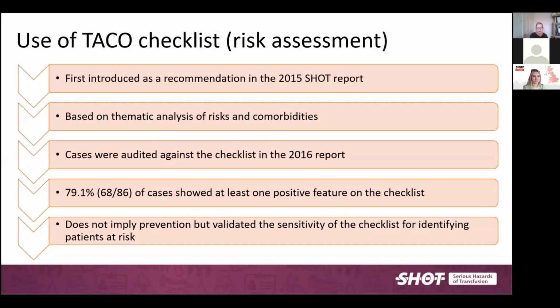It was first introduced as a recommendation in the 2015 SHOT report, and it was based on thematic analysis of risks and comorbidities, the things that we know are risks for TACO, such as heart failure, renal impairment, etc. These cases were audited against this checklist in the 2016 report, and it was found that about 80% of cases showed at least one positive feature on the checklist. That doesn't imply prevention, but validated the sensitivity of the checklist for identifying those patients at risk of TACO.